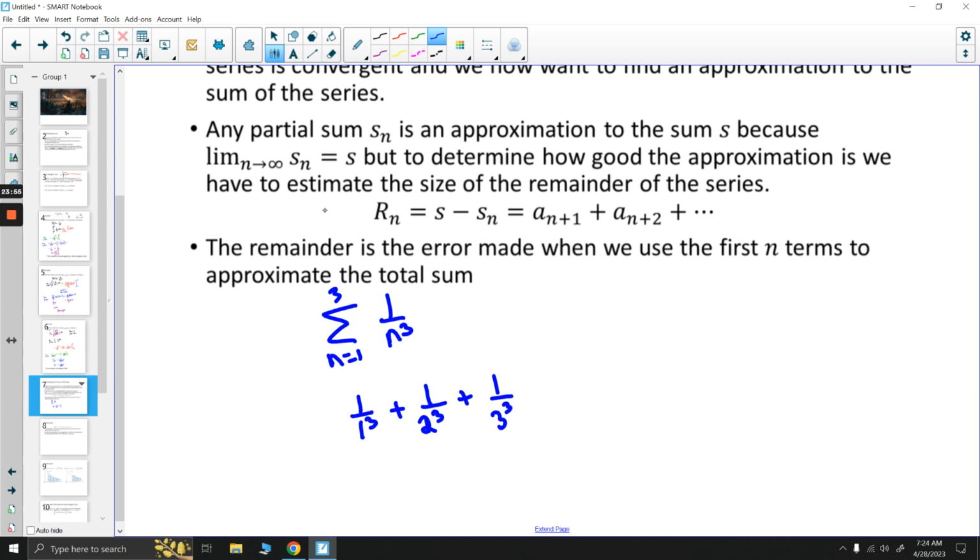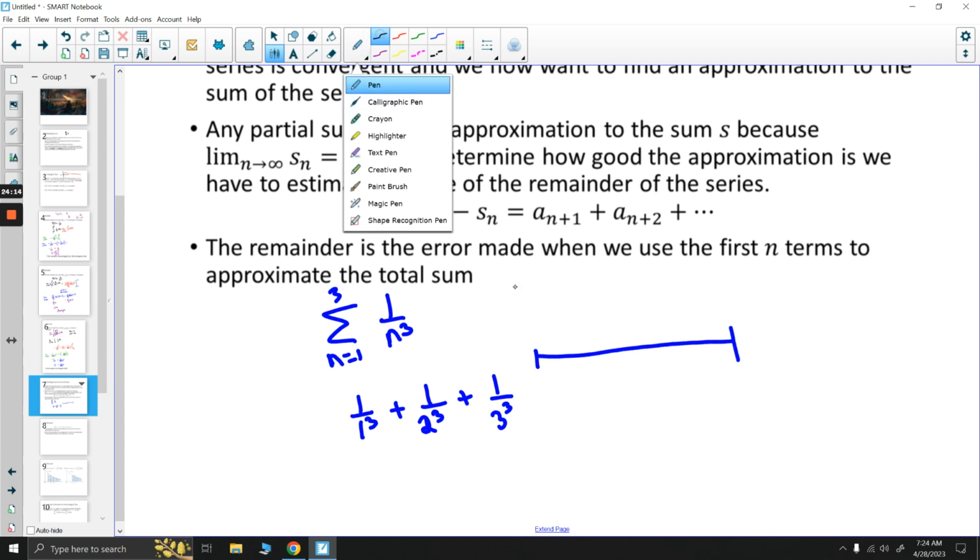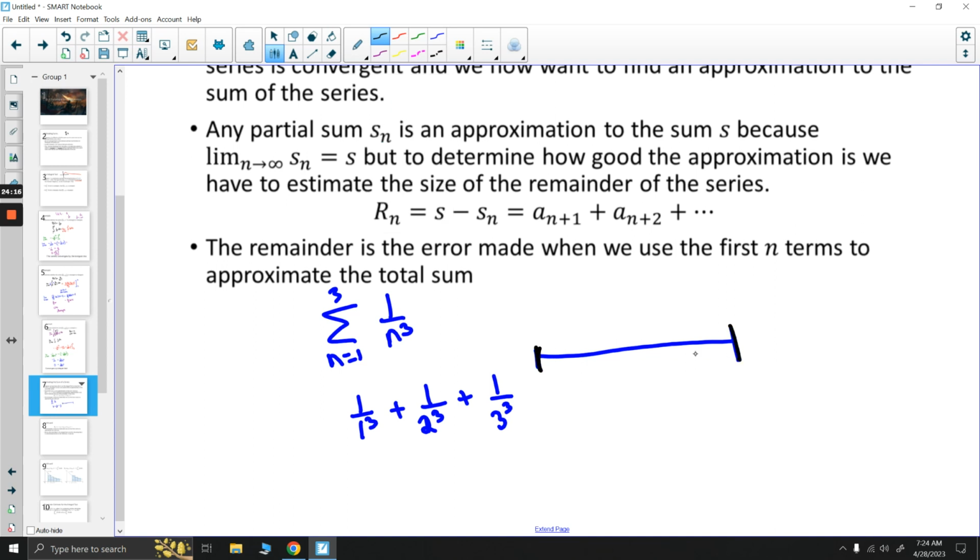And that's what this is saying, that it is an approximation to it, and it's an okay approximation because it is part of it. Now, the remainder would be all the parts that we didn't add. So that is a sub n plus 1, so in this case, a sub 4. So basically, the remainder is the rest of our sum that we didn't add in our partial sum.